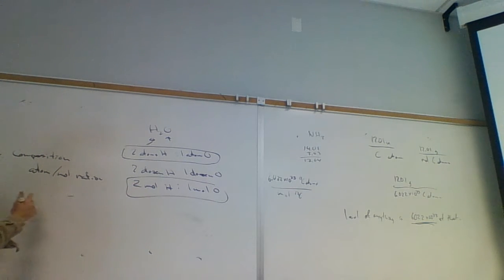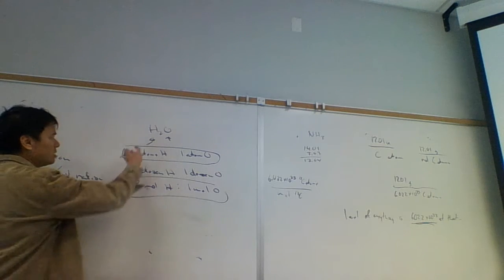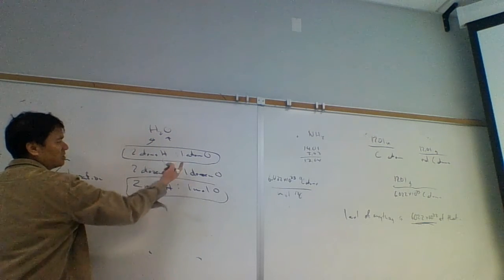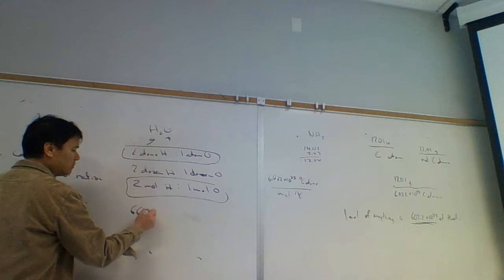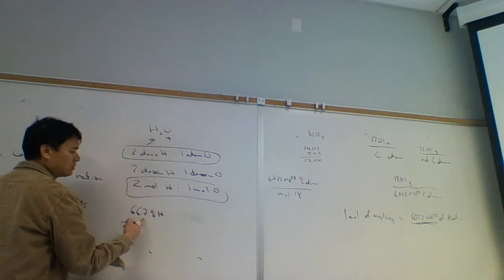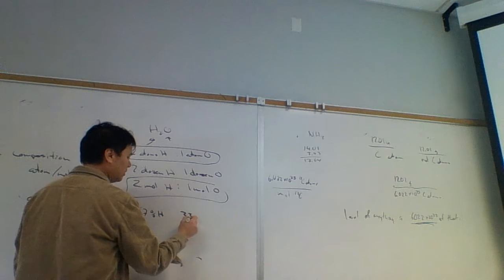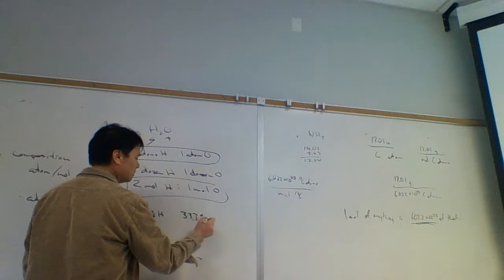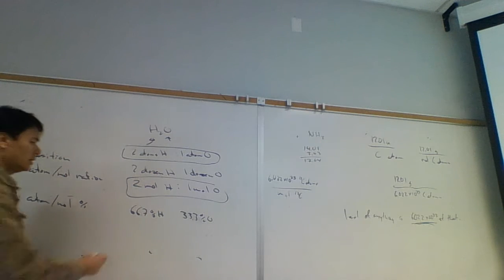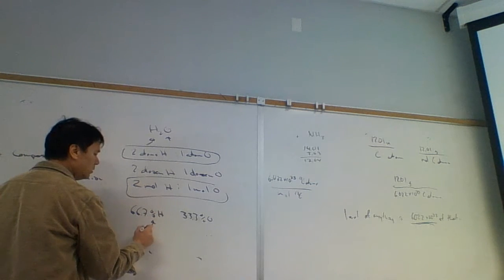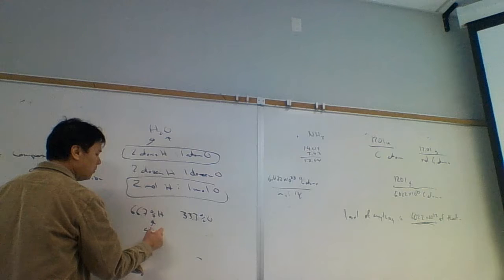Okay, then we have an atom/mole percent. If we're looking at an atom or mole percent, there's more hydrogen than there's oxygen. In fact, water would be 66.7% hydrogen, rounded to 3 sig figs, and 33.3% oxygen. Again, this is called an atom or mole percent.